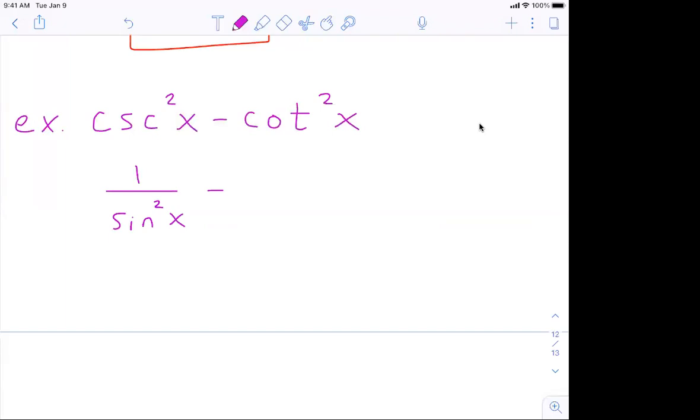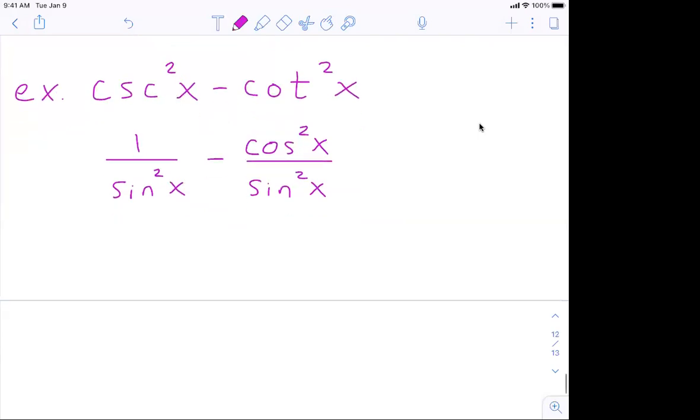The cotangent squared, cotangent is cosine over sine. So that's going to be cosine squared over sine squared. Well, and lucky us, we already have a common denominator.